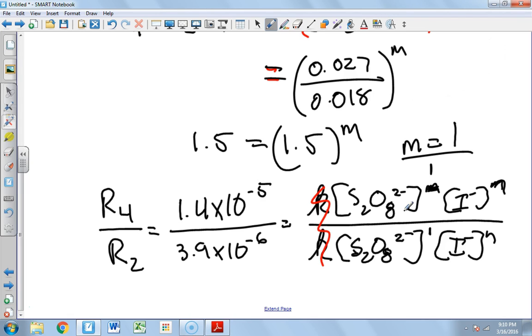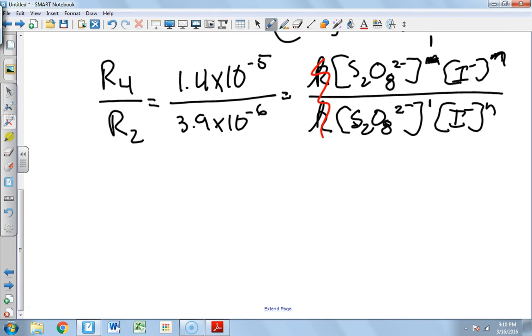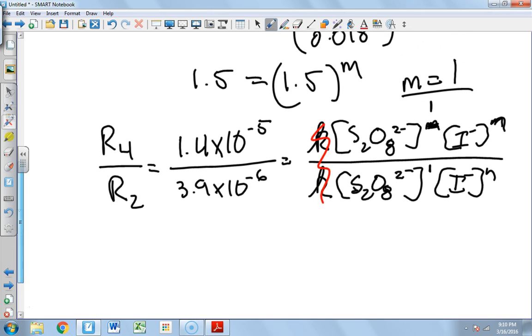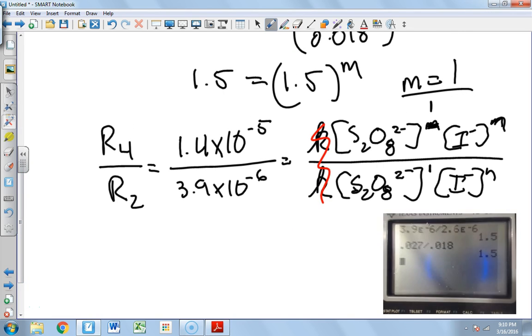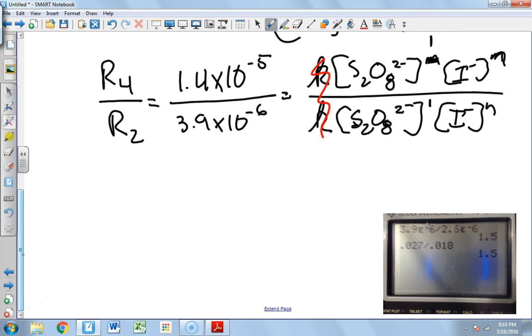So let's do this. Let me bring up my calculator. So let's do 1.4 times 10 to the minus 5 divided by 3.9 times 10 to the minus 6.